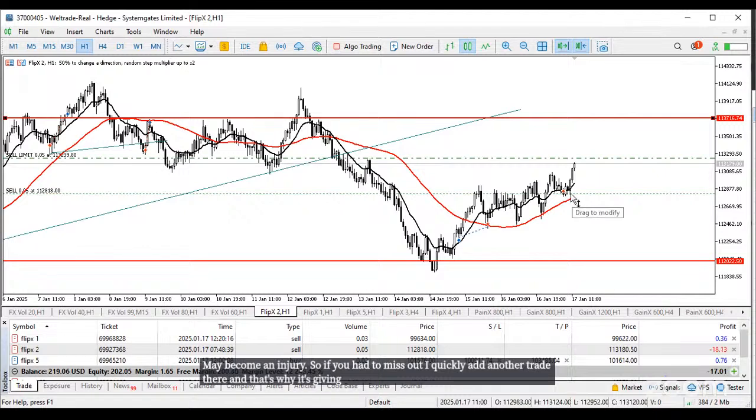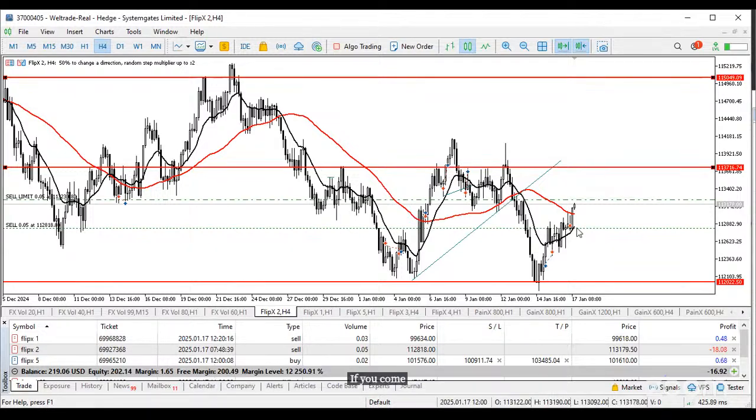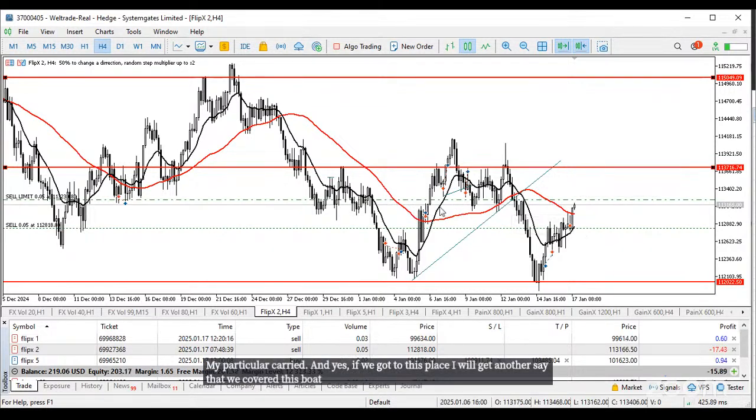But I'm leaving it because on my higher time frame, this guy will sell. Even if it comes to this place, I can still manage this trade. Number one, my equity can carry it. And at most, if it goes to this place, I will get another sell that will cover this. But I'm hoping the sell will continue from here.